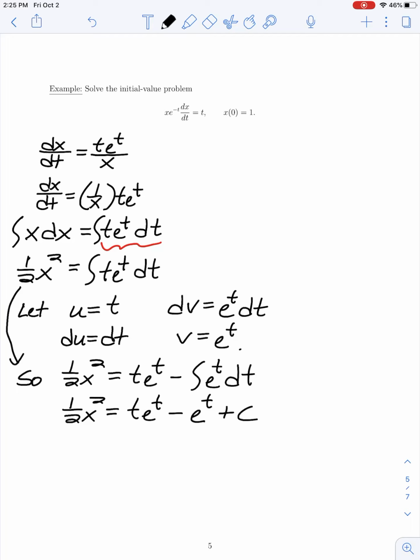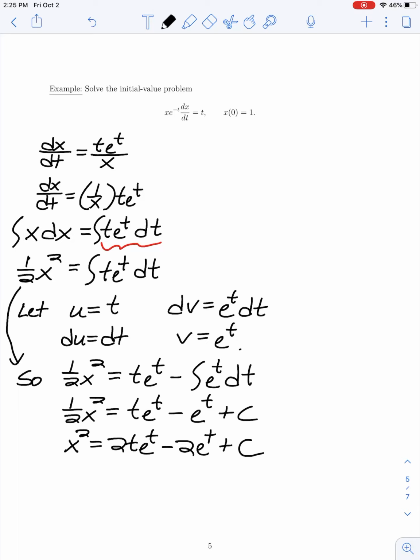Now from here, we'd like to try to solve explicitly for x. So let's take a look at how to do it. We could first multiply through by 2. So I would have x squared is 2t e to the t minus 2 e to the t plus c. Now why not 2c? Well, it doesn't matter.